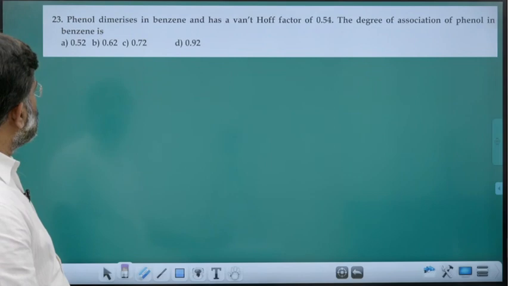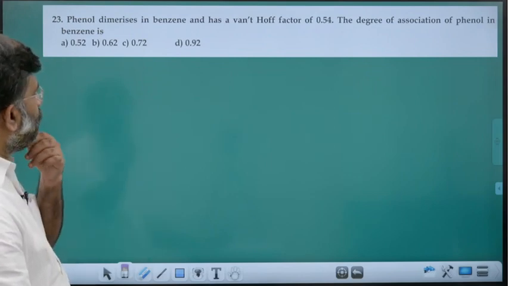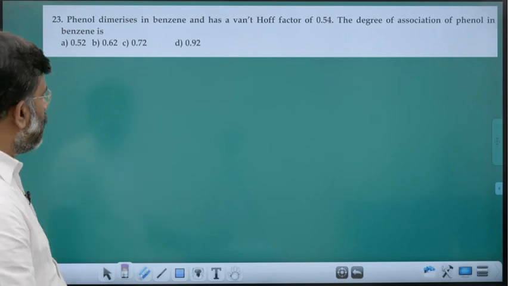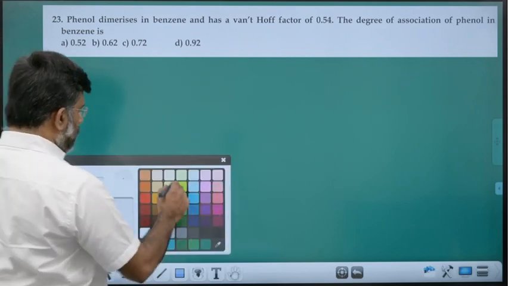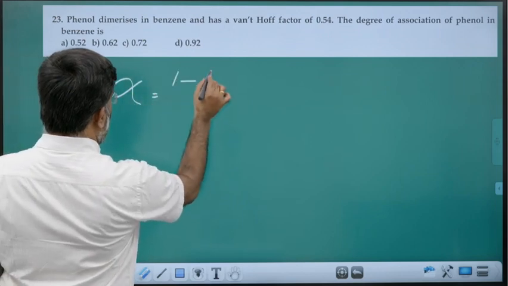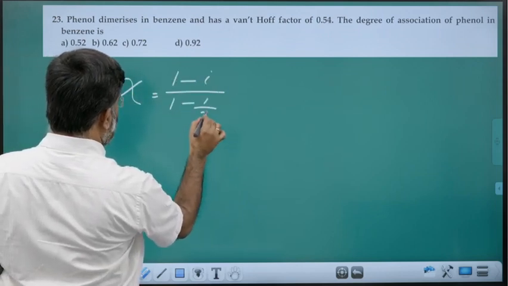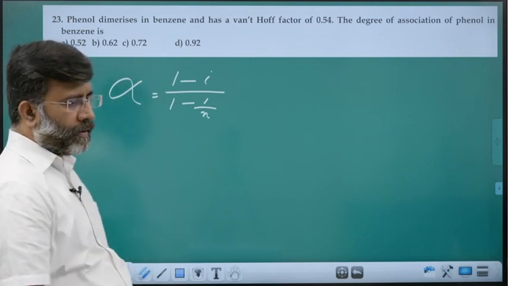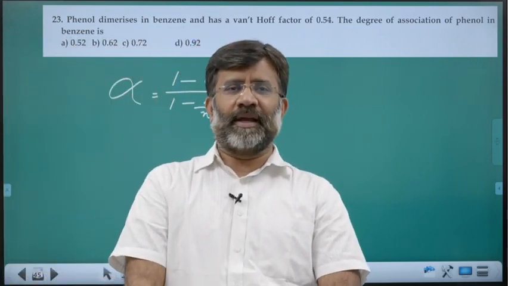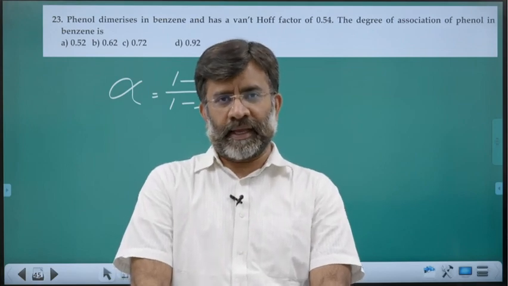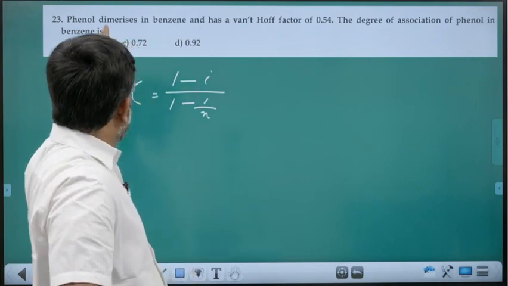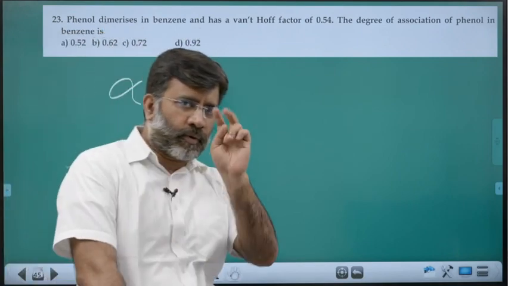Phenol dimerizes in benzene and has a van't Hoff factor 0.54. The degree of association of phenol is? What is the equation for degree of association? Degree of association alpha is equal to (1 minus i) by (1 minus 1 by n), where n is 2 here because it is dimerizing. Dimerizing means n is equal to 2.